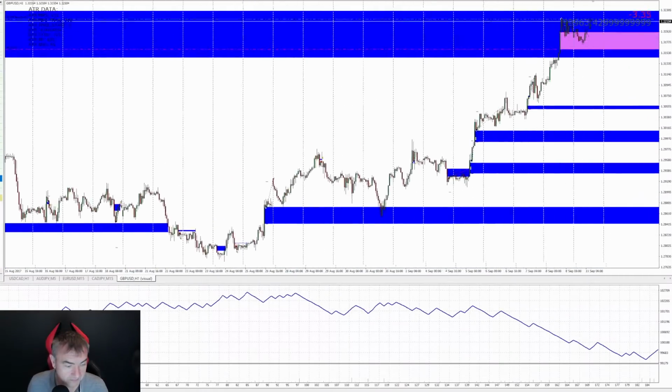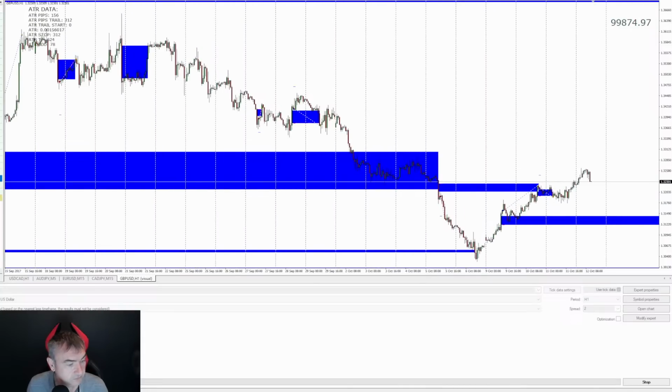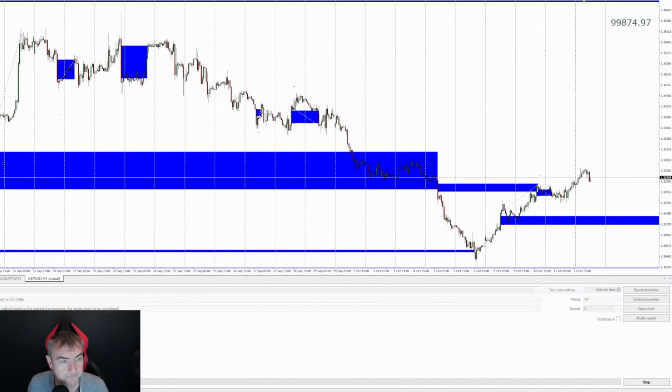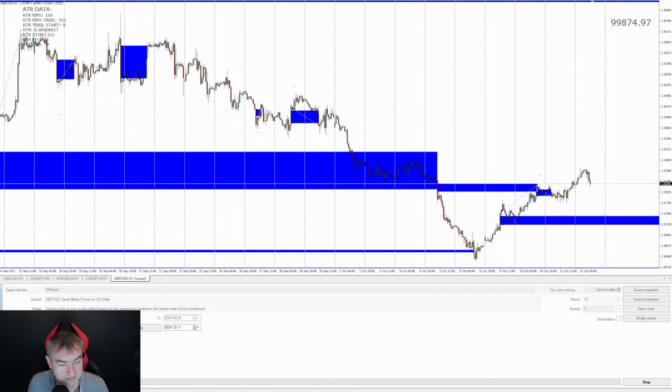So this is a really good example of robustness testing and why I test so many strategies and dump them. Look at this equity curve.